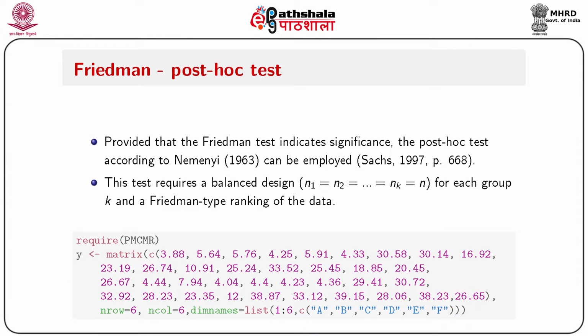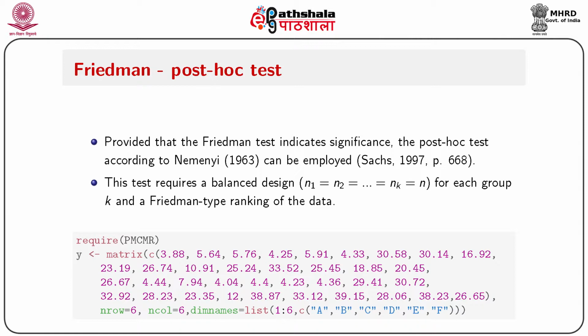The Friedman post hoc test. Provided that the Friedman test indicates a significance, the post hoc test according to Nemenyi 1963, Sachs 1997, page number 668, can be employed. This test requires a balanced design, so n1 equals n2, nk equals n for each group k, and Friedman-type ranking of data.